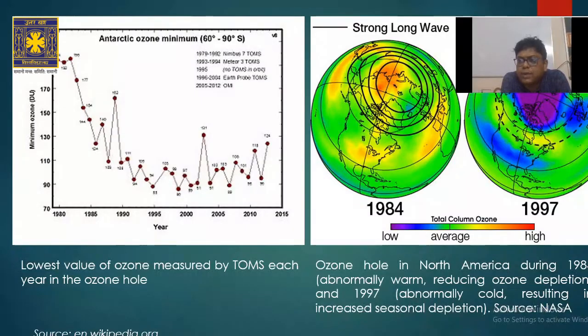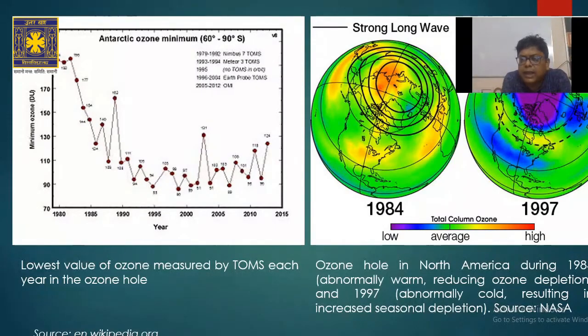Strong long waves and weak long waves. We are seeing two contrasting features in the year 1984. In the northern part, concerning Alaska, Greenland, and the very frigid areas of the northern pole, we are seeing the situation.